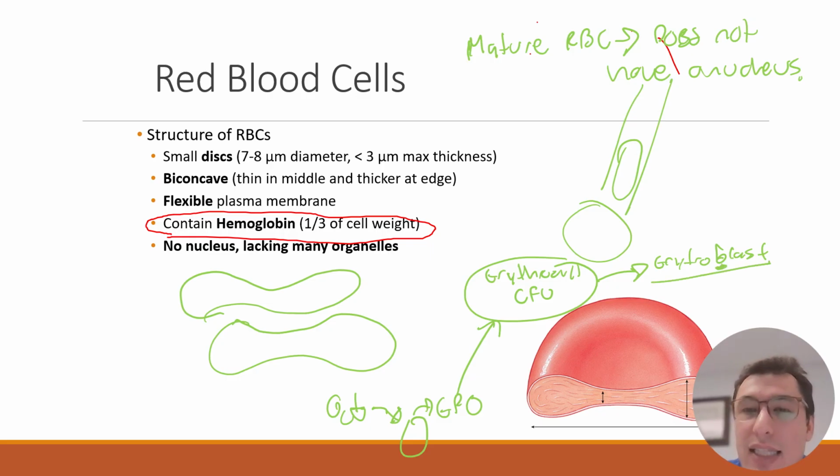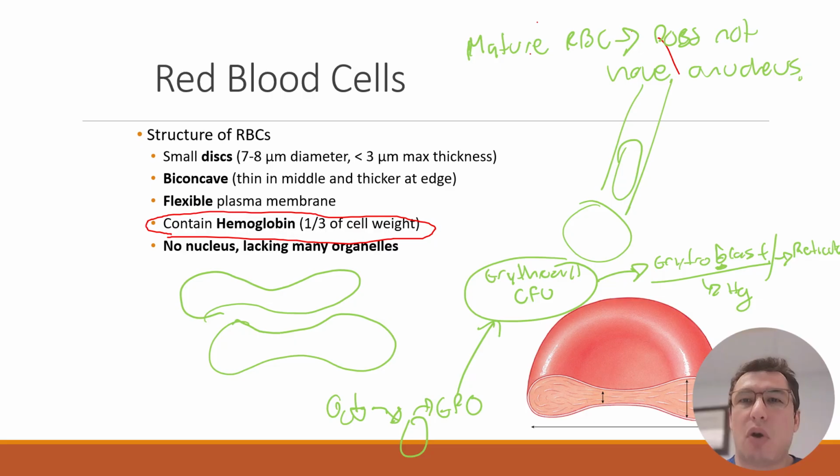So the erythroblasts at this point still have a nucleus and they have all the organelles. It is here where they start creating all the hemoglobin, okay, and then they transition to something that is called a reticulocyte. Now, they haven't left the bone marrow yet, but when they cross over to a reticulocyte, the nucleus is destroyed.